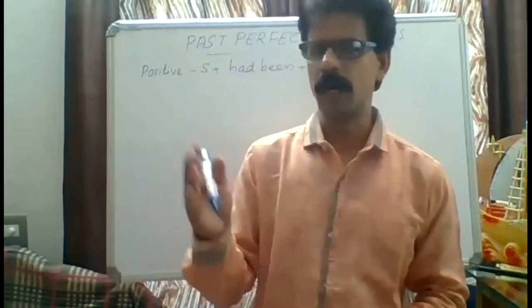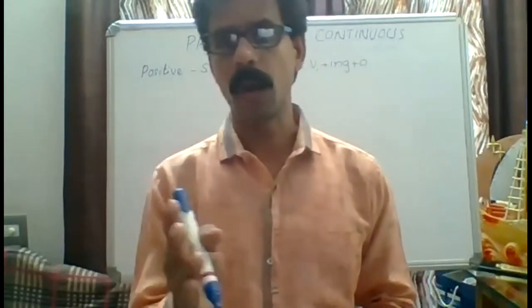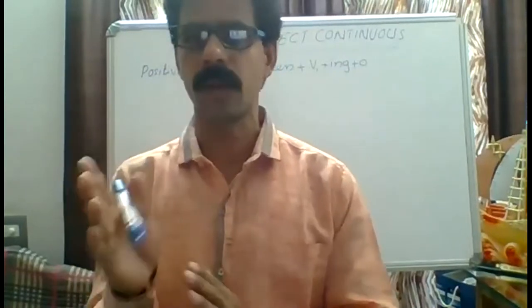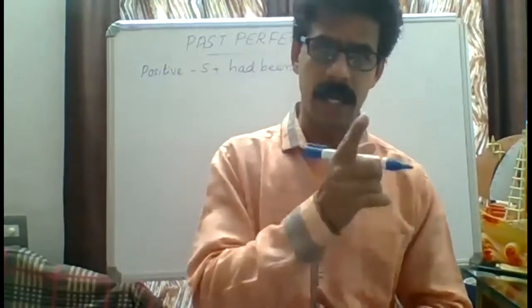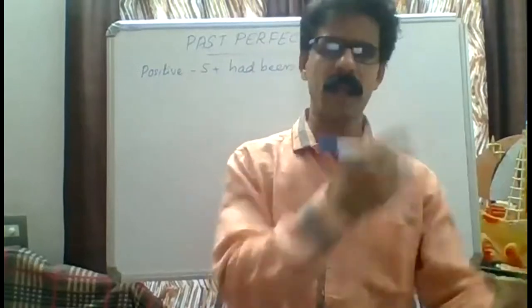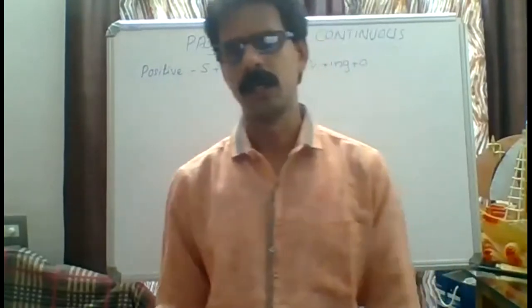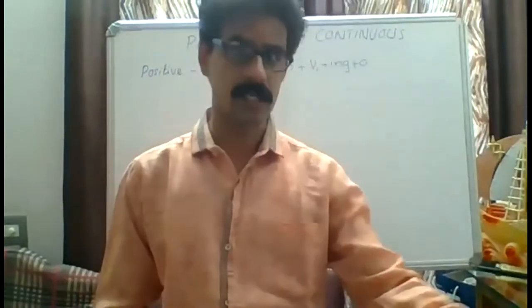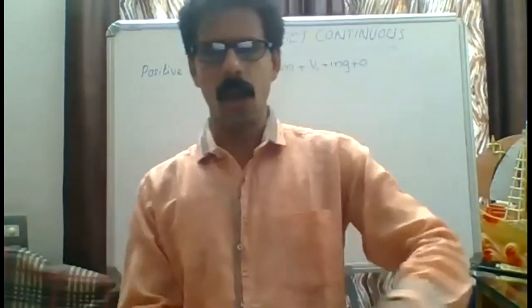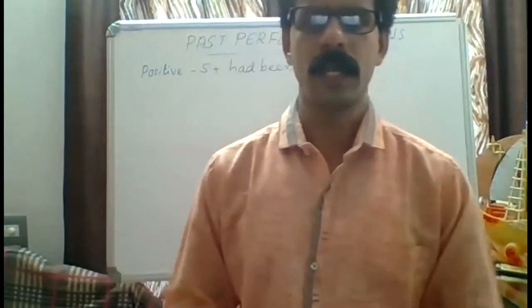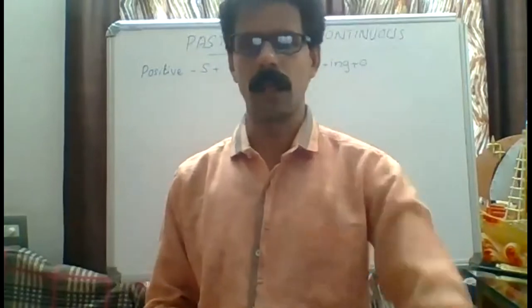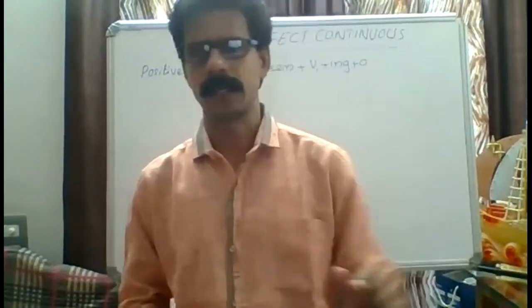It is the past action continued for a long period in the past, and ended in the past when another action took place. When another action happened there, this action stopped there. That long period of action we want to express in the past. That is past perfect continuous.